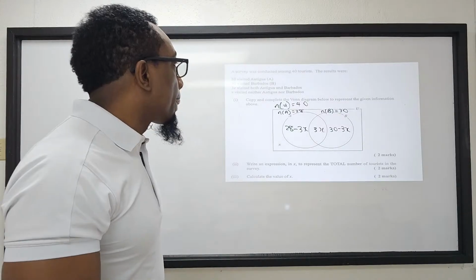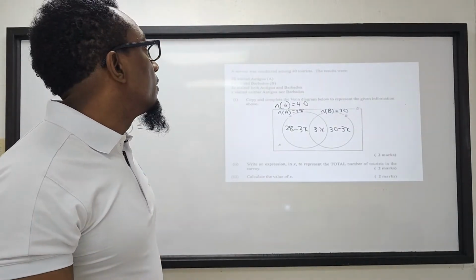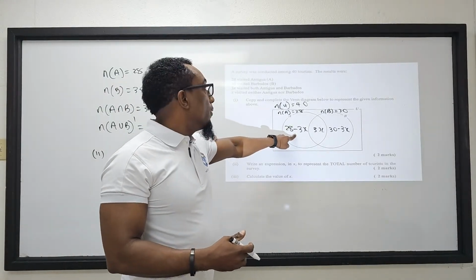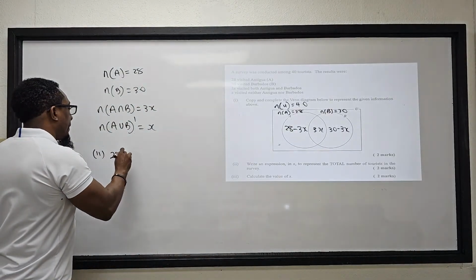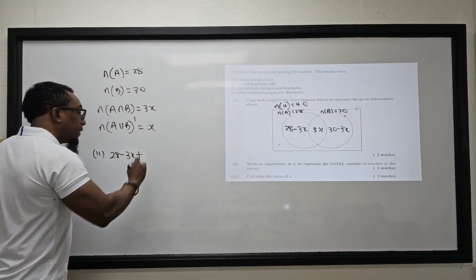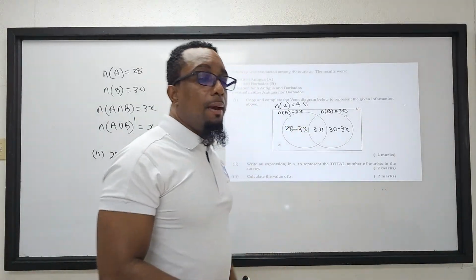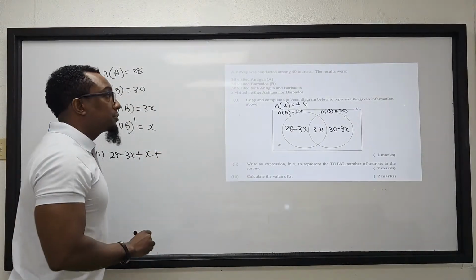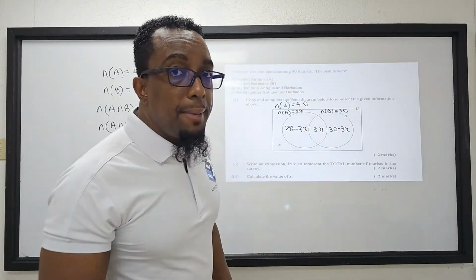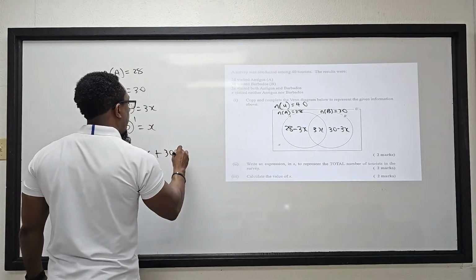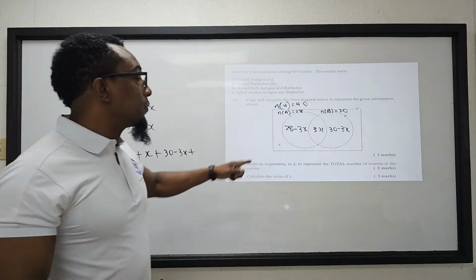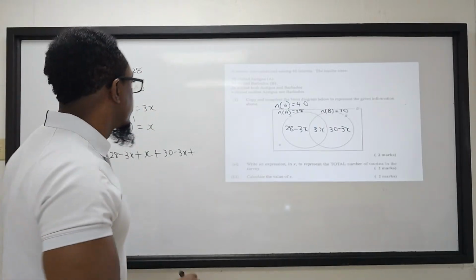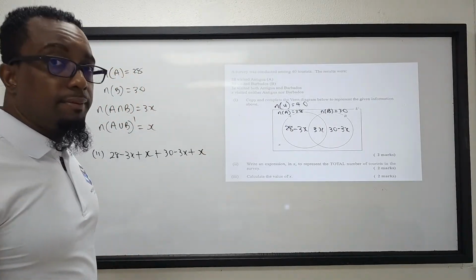So part 2 is to recognize that your 40 tourists will comprise of those who visited Antigua only, plus those who visited both Antigua and Barbados, plus those who visited Barbados only, plus those who did not visit any of the 2 islands.